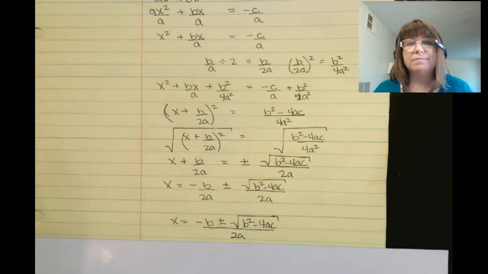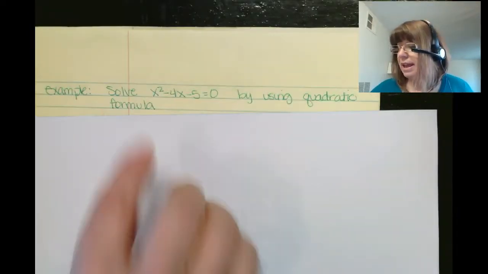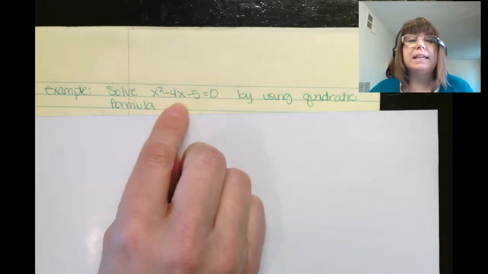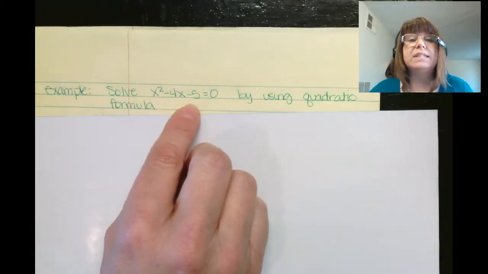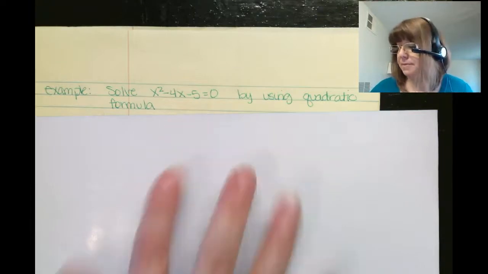Using our quadratic formula, let's solve x squared minus 4x minus 5 equals 0. Now, yes, I know you could probably factor this, but let's use this new tool to solve for what x is.